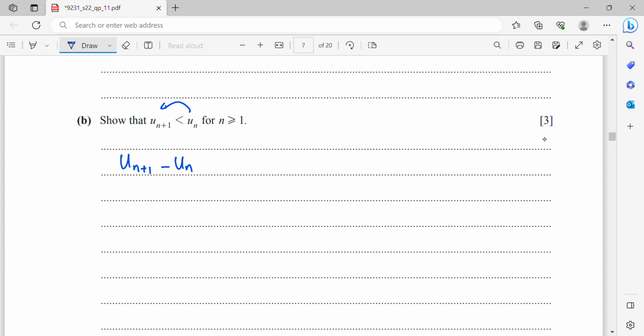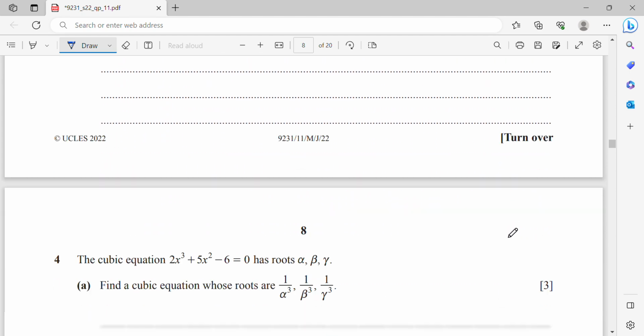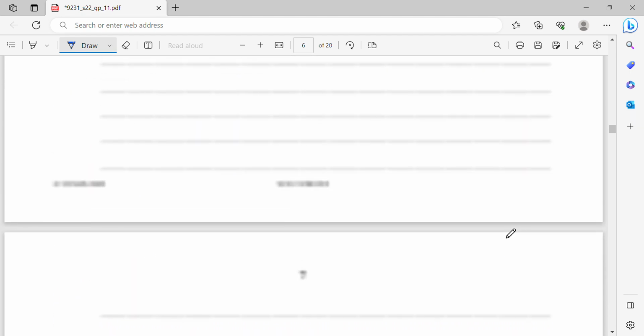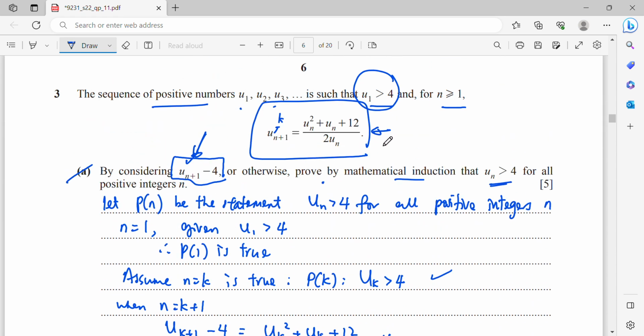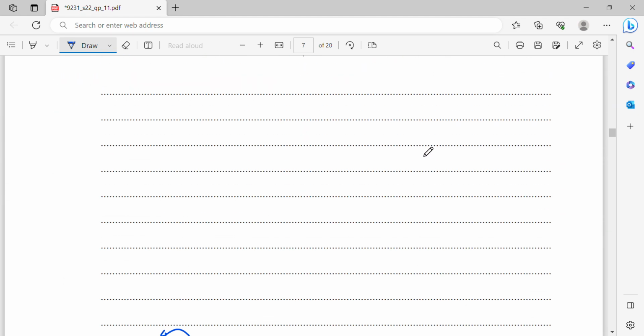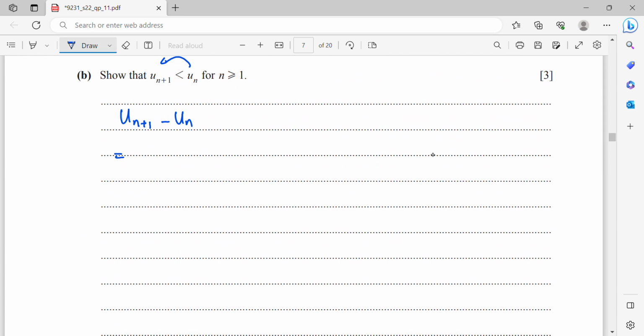So un plus 1 minus un is basically, okay, so now un plus 1 is un squared, use back this expression, un squared plus un plus 12 over 2un. So here will be un squared plus un plus 12 over 2un minus un.